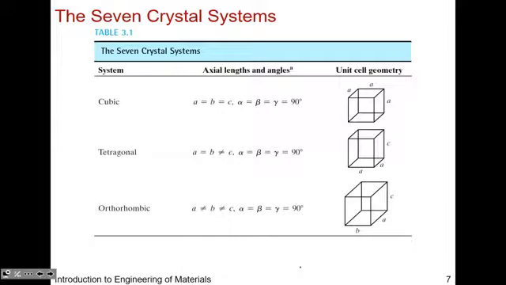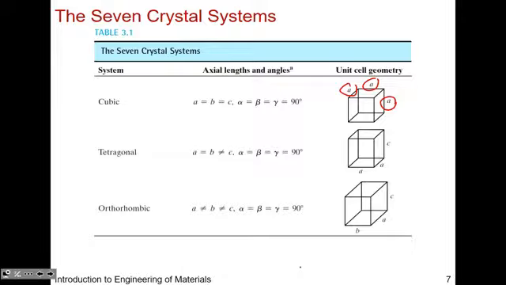That's why you see it listed as just A, because A is equal to B is equal to C, and thus you just need to know one unit cell length if it's a cubic system. And alpha, beta, gamma, the angles in between your unit vectors, are 90 degrees.